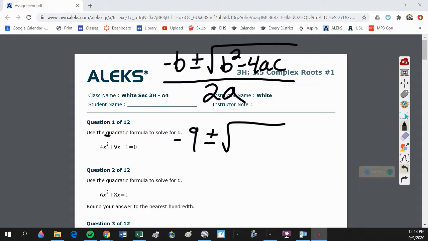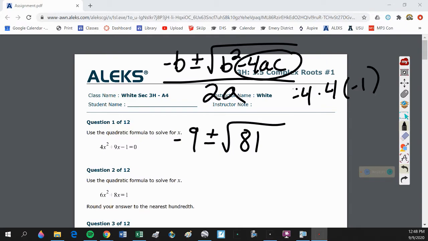So if this was negative 9x, don't worry about the negative when you square it. So 81. And then the other really common problem is messing up the negative 4ac. So what I like to do is write off to the side negative 4 times 4 times negative 1.